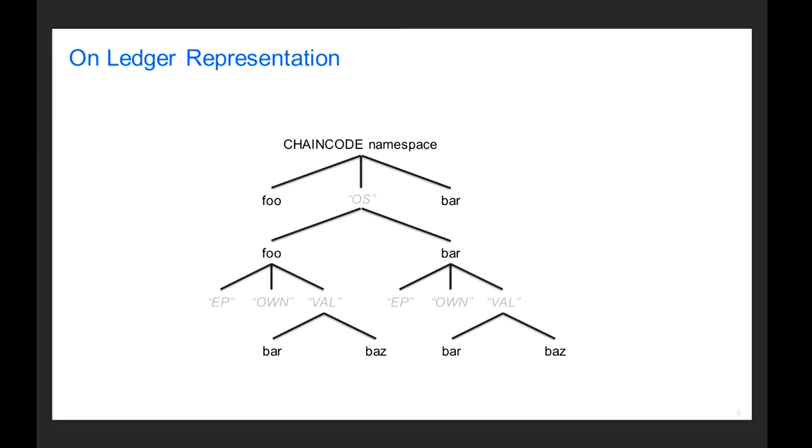So you could imagine you have a prefix ownable state dot foo dot value dot bar, and then you would get the value of the ownable state foo, which has the KVS entry bar.